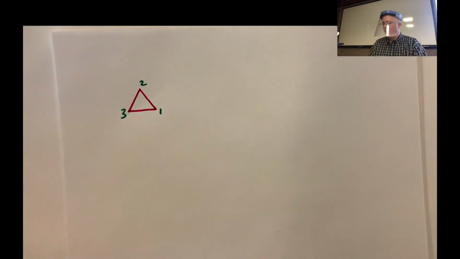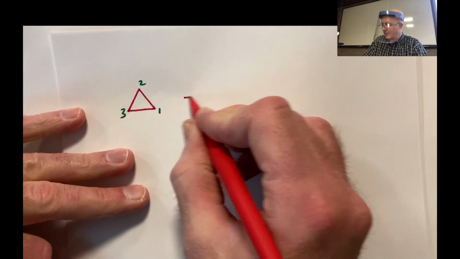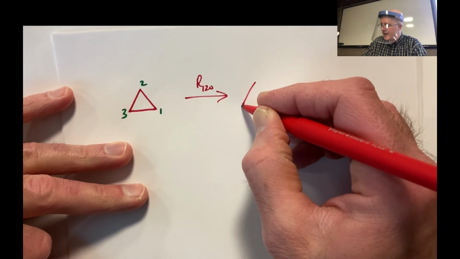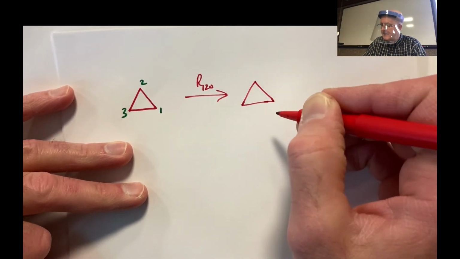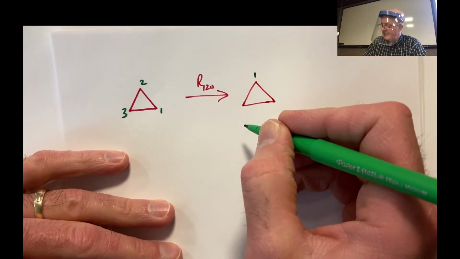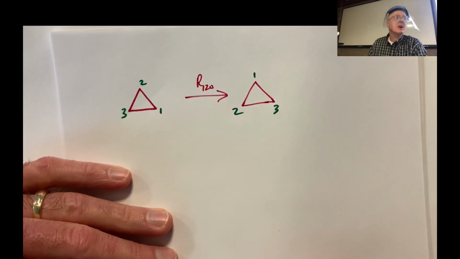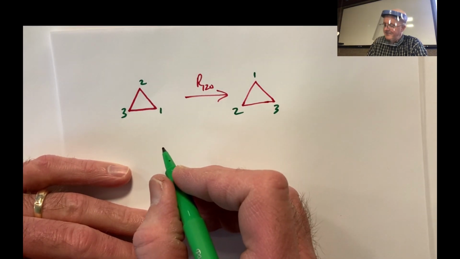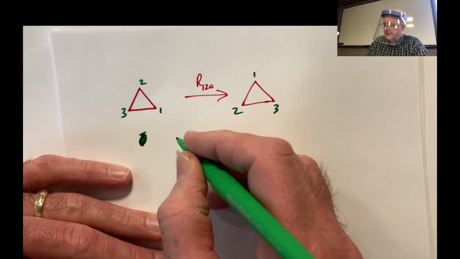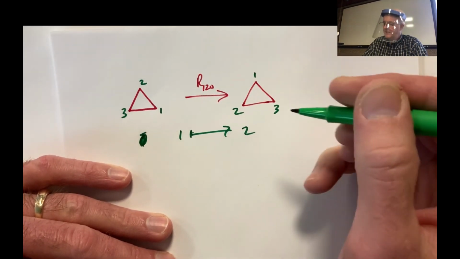Well, for example, if I rotate by 120 degrees, so here I am literally thinking of a rotation here. Yeah, I can redraw the triangle, and it looks the same. But really the more important thing is what happens to the labels. The 1 gets rotated up here, the 2 down here, and the 3 is here. As a function on the 3-element set, this is equivalent to 1 getting mapped to 2.